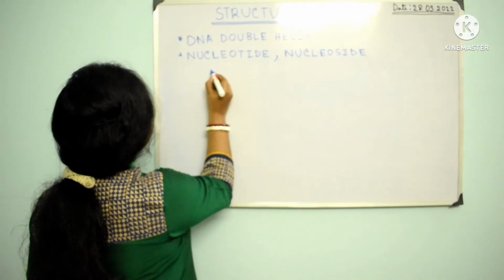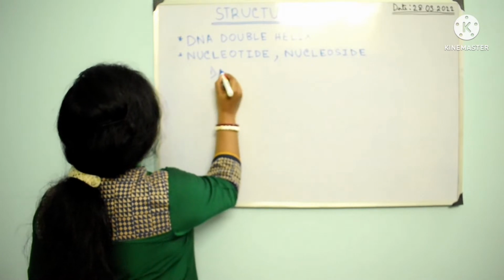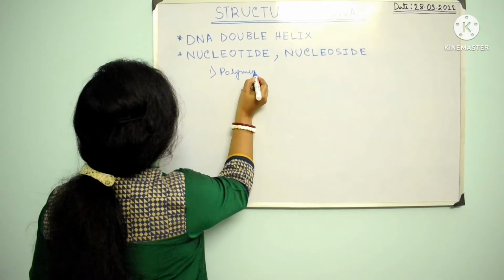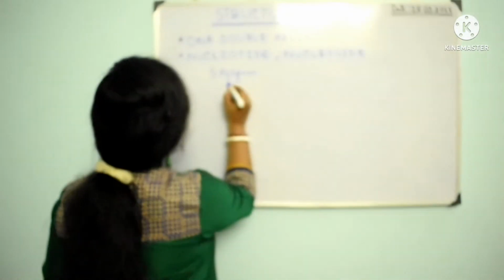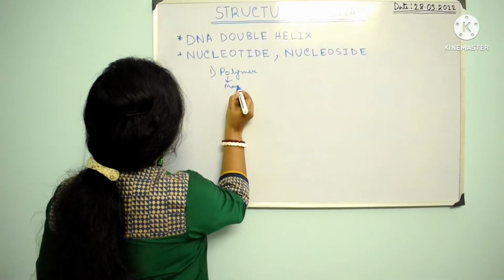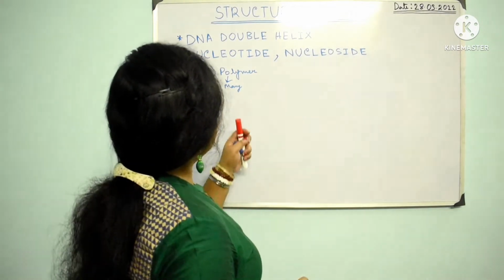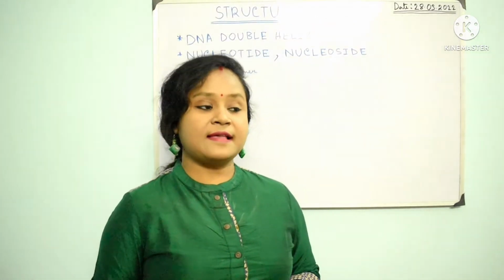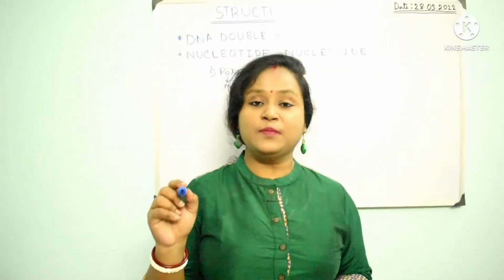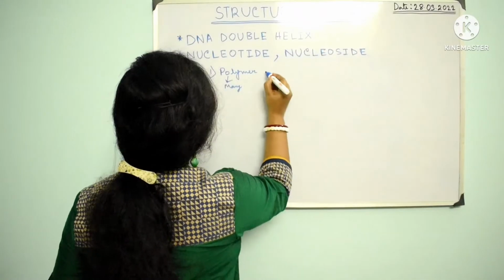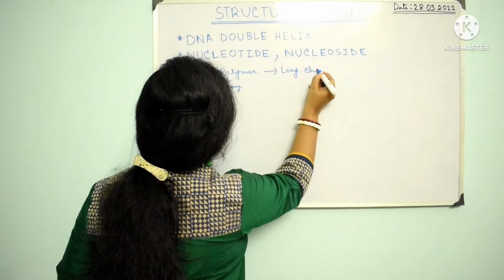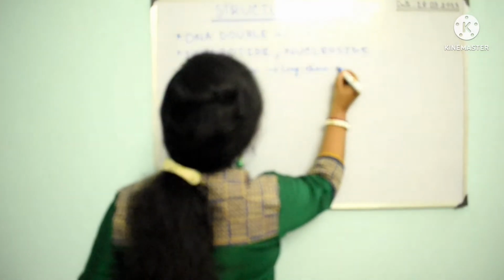DNA is a polymer. Poly means many. When something is called a polymer, it actually means that it is made up of many monomers, a long chain of monomers.